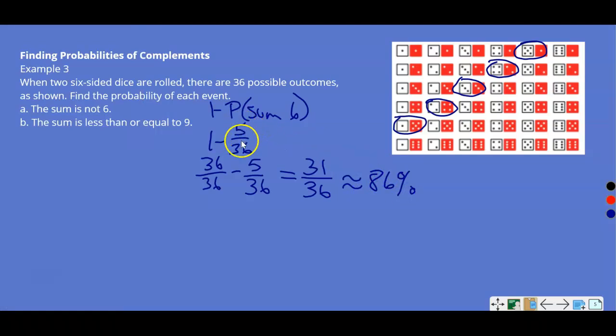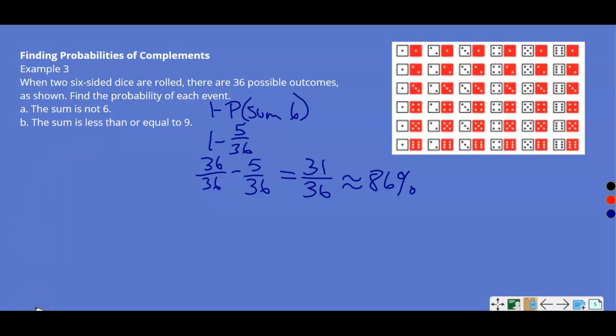Which means this 5 over 36, the sum of 6, means about 14% would have a sum of 6, and then 1 minus the 14% gives you the 86%. Again, that's the definition of complement. So the sum of 6 and the sum is not 6, those two have to add up to be 1.